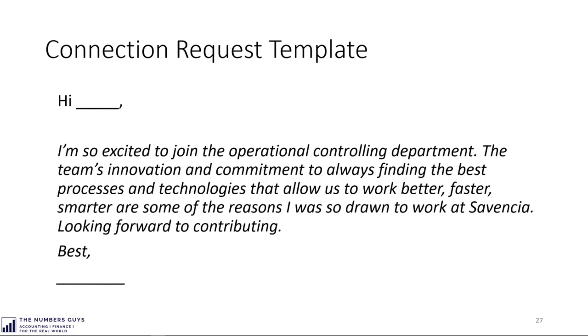Next, this is the connection request template. So you're sending the connection request to somebody. And this is a message I've crafted, to somebody who's looking to work on my team. And what they're doing is they are expressing interest, they're appealing to me, and they're making it really hard for me to ignore the request.